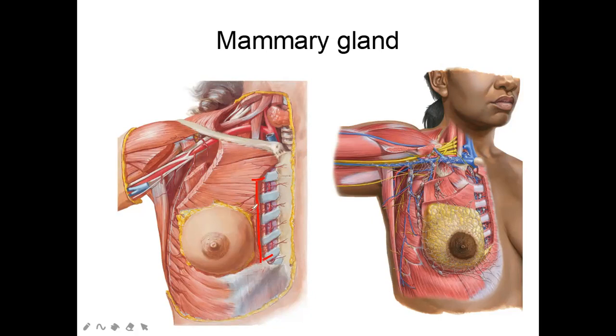Then the level of the nipple is the 4th intercostal space in males. In females above the age of puberty, the nipple varies in extent. The base is 2nd rib, not 2nd intercostal space, the 2nd rib to the 6th rib. So remember that.